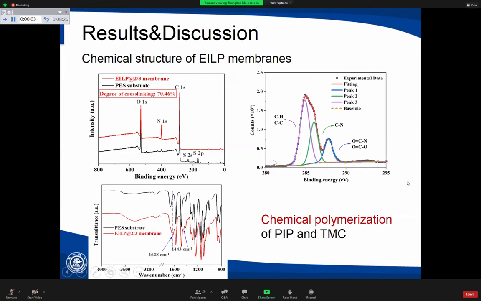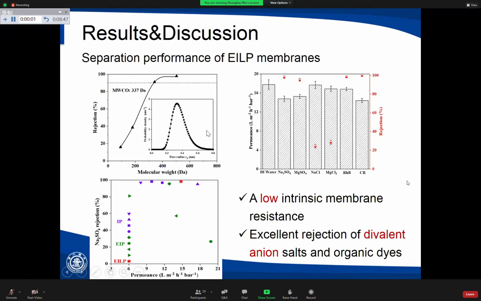The high resolution XPS and FTIR spectra show that there are amide groups on the membrane. This result confirms that there is a chemical polymerization between the PIP and the TMC. Our organic solvent system reduces the side reaction, and it makes the membrane cross-linking increase.